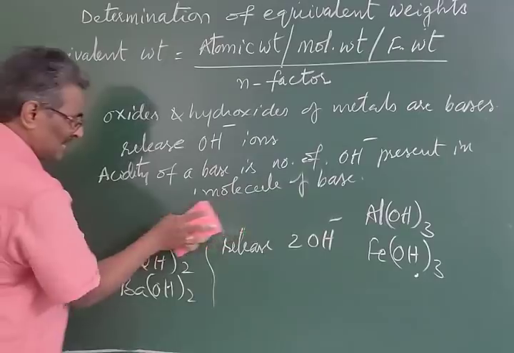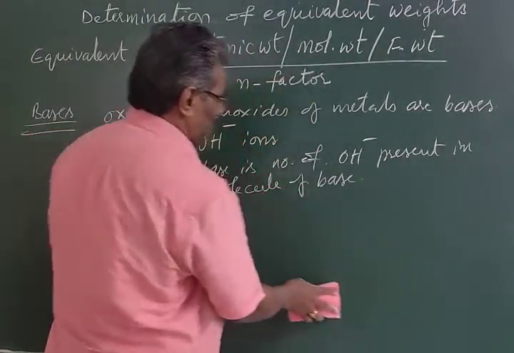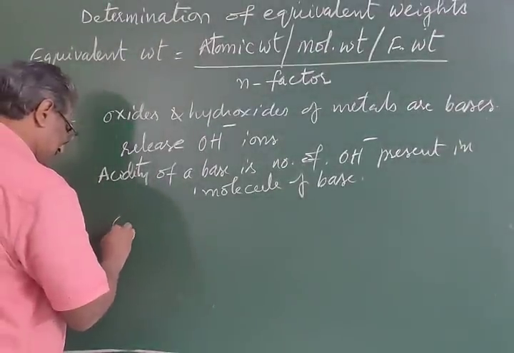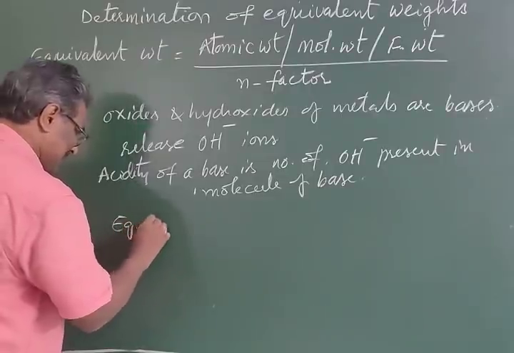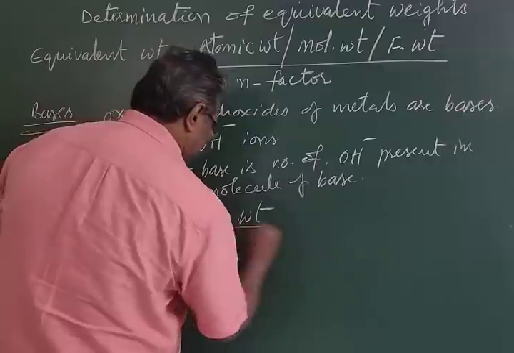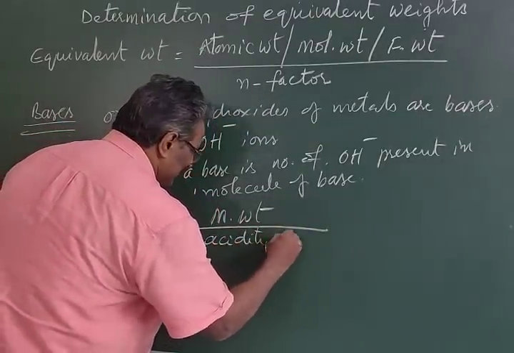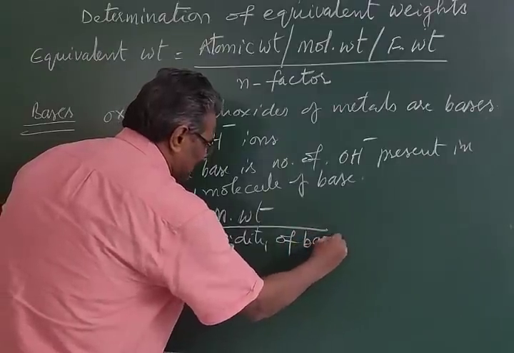Again, the formula is same, that is molecular weight by N factor. In the case of bases, equivalent weight is equal to molecular weight by acidity of base.